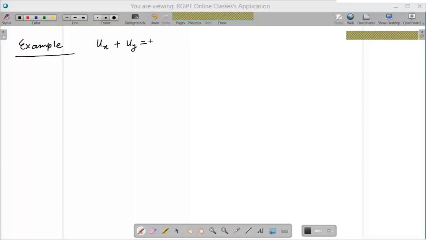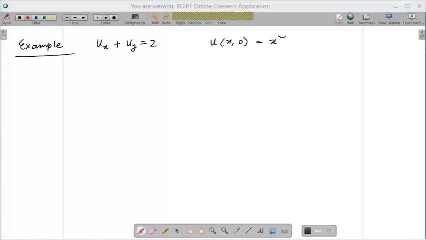I have to solve u_x plus u_y equal to 0, with the condition given u(x, 0) equal to x squared. Now let's identify what I mean by this. Let's put things in perspective. Let me draw the y axis in red color.